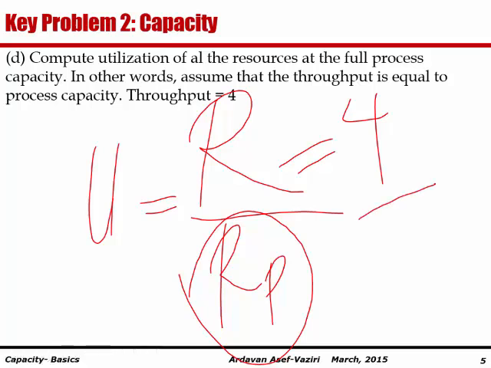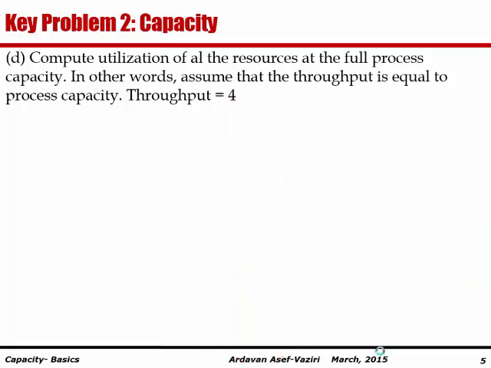Obviously, RP of R punch is 4, and therefore R punch is performing at 100% capacity. No process can perform at 100% capacity. Maybe it can perform for 1 hour, 1 day, 1 week, but not on a continual basis, and we will discuss it later. Now compute utilization of each of these resources.